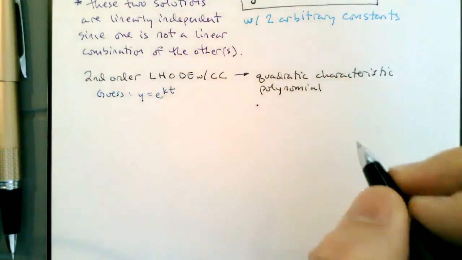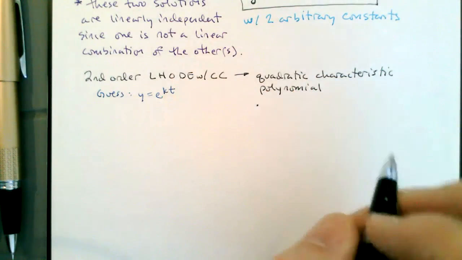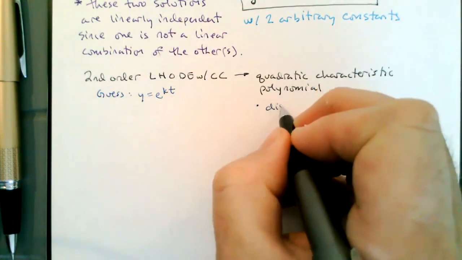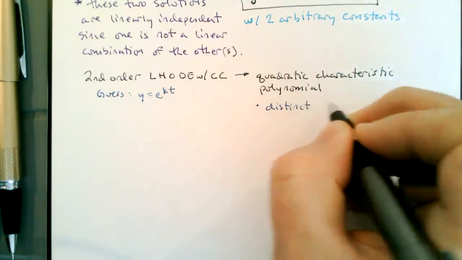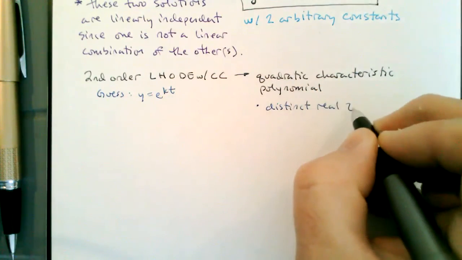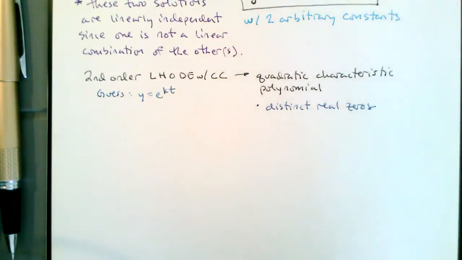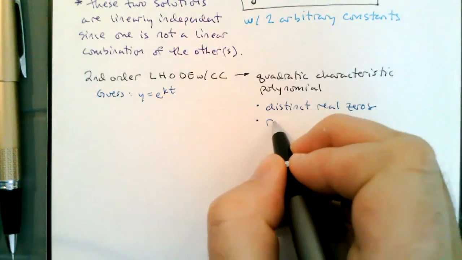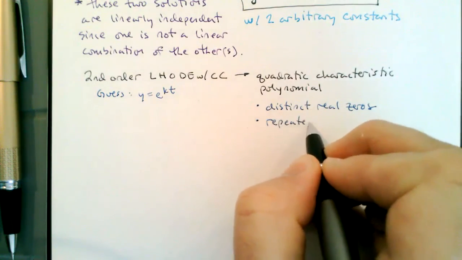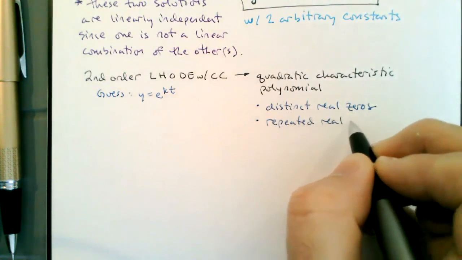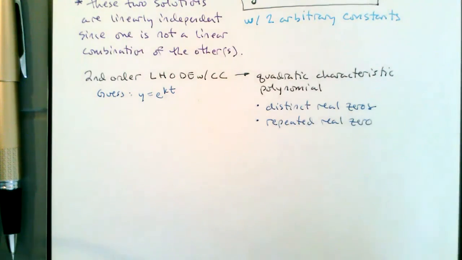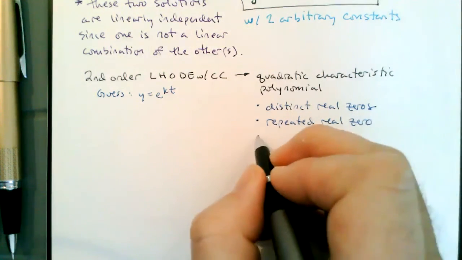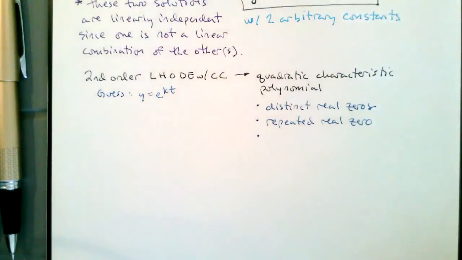We could either have distinct real zeros, we could have a repeated real zero, or we could have complex conjugates. We have to have two because it's quadratic. Quadratic is a second degree polynomial.